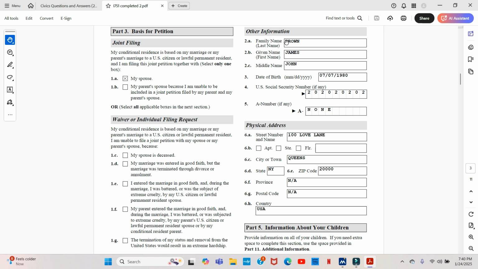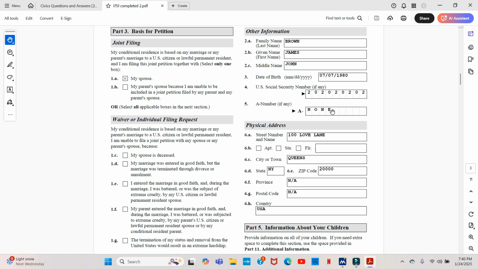Moving on. Other information. The name of the permanent resident or U.S. citizen goes here, as well as that person's date of birth, that person's social security number, that person's alien number, if applicable. In the case of a U.S. citizen, that person would not have an A number.